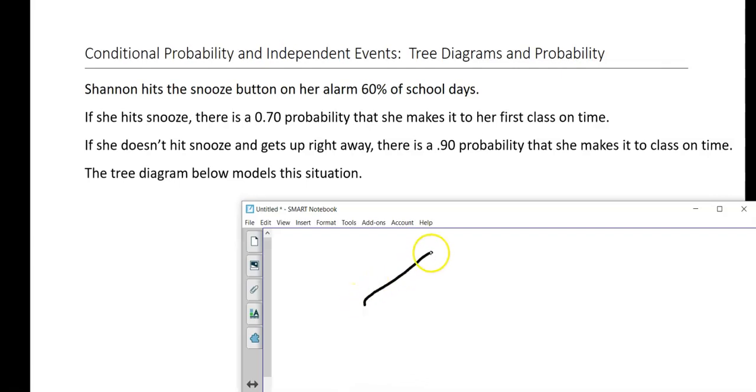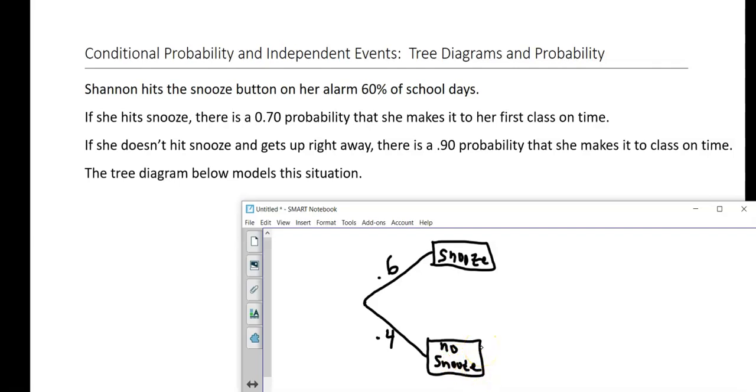The starting thing is definitely, she hits snooze on 60% of school days. So that means by default, this is no snooze. She just wakes up.